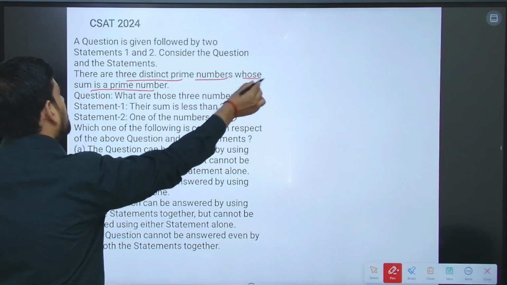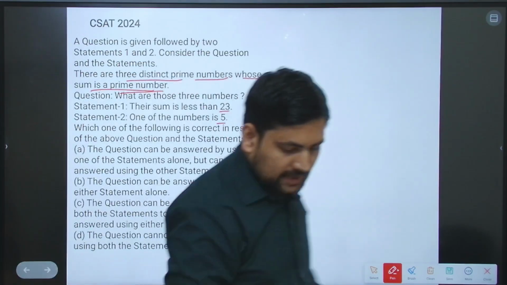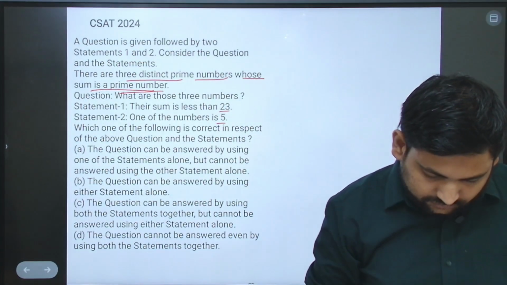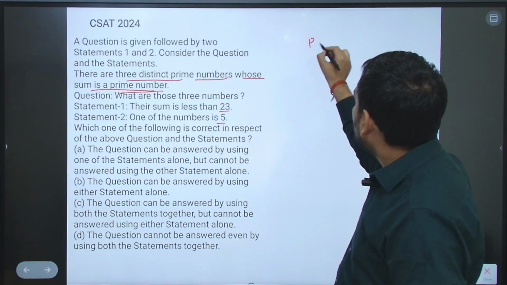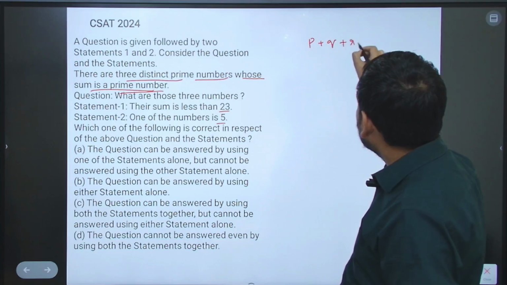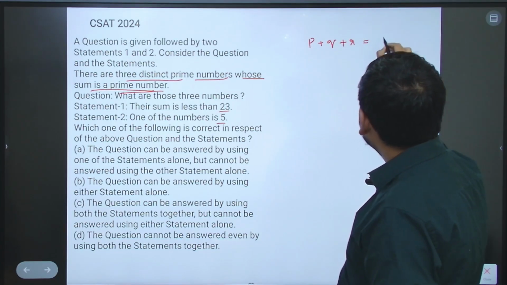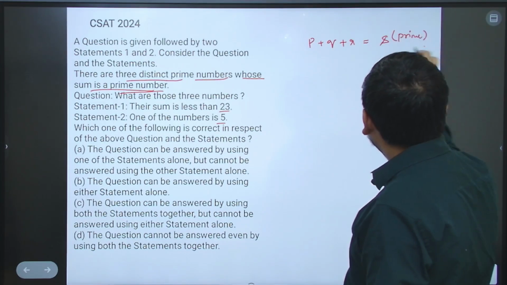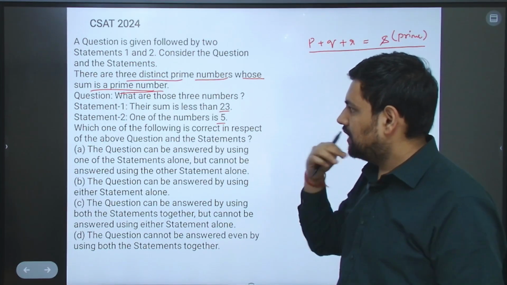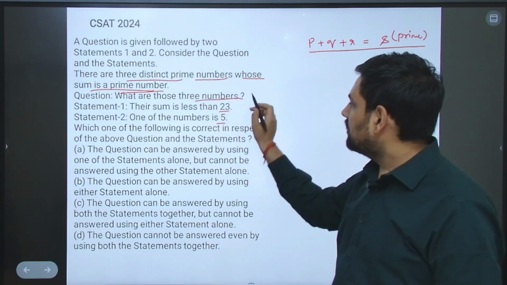So three distinct prime numbers, p, q and r, and p plus q plus r is equal to some s, which is also a prime number. This is given in the question itself. Then what are those three numbers?